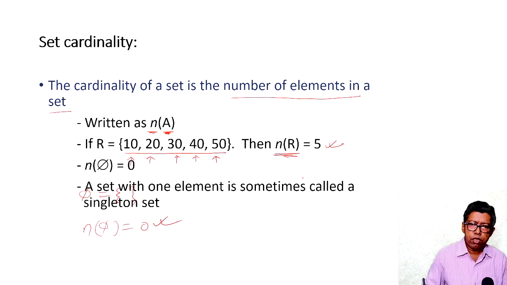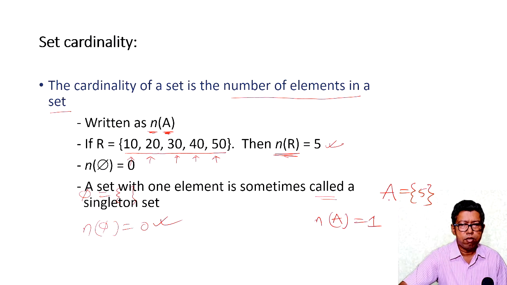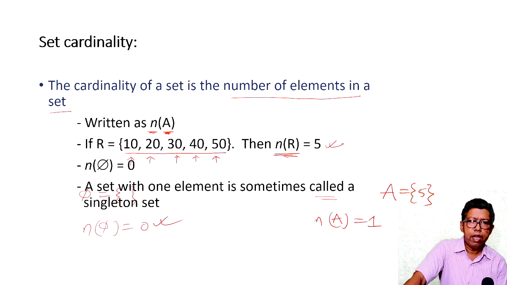A set with one element is called a singleton set. This is another one. Suppose the set is A, which contains only 5. So what is the cardinal number of the set A? n(A) is equal to 1, because 5 is the only element of the set A. This is a singleton set, and the singleton set has cardinality 1.